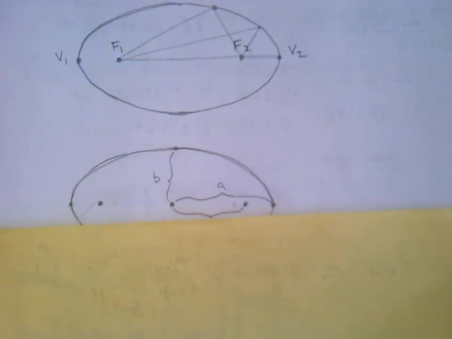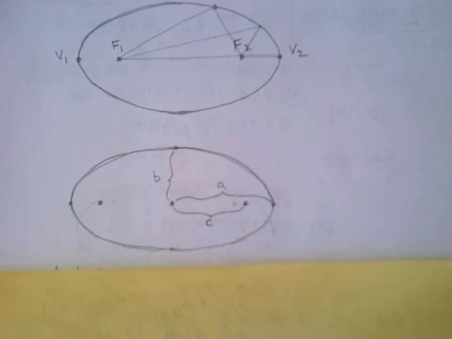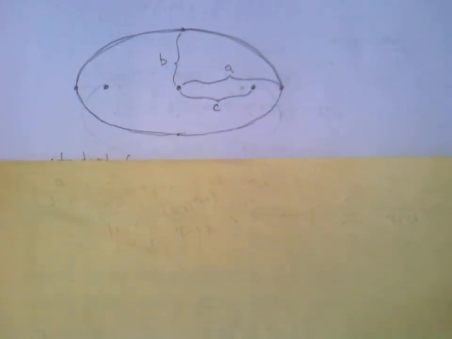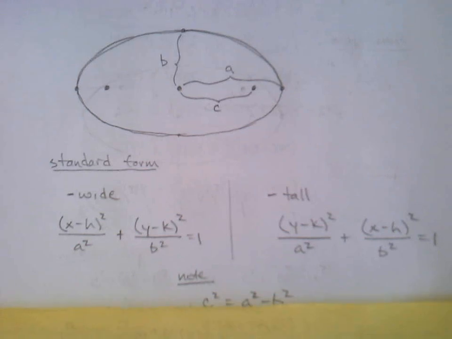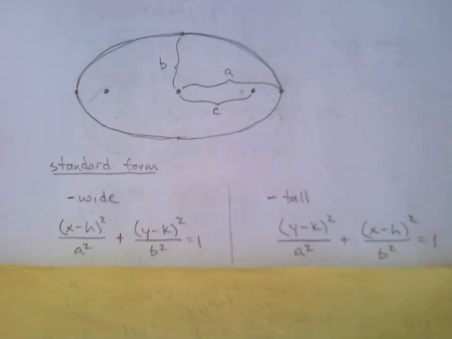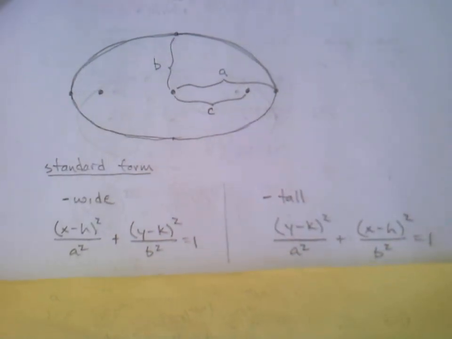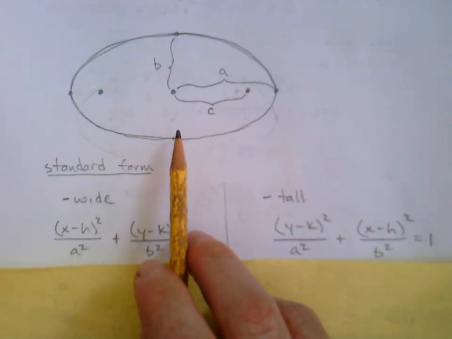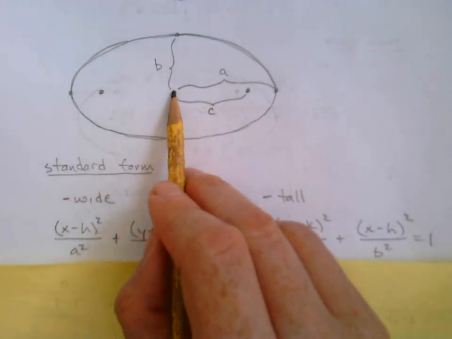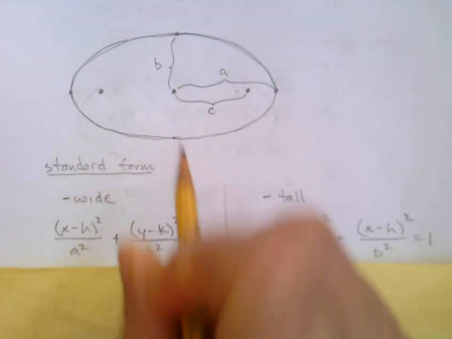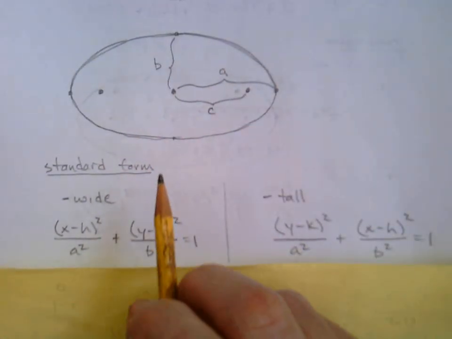Let's see another drawing with some values sketched in. Okay, and I'll show you the standard forms of the equations. So imagine the same ellipse. This is the center, which is going to be an important part of the equation.